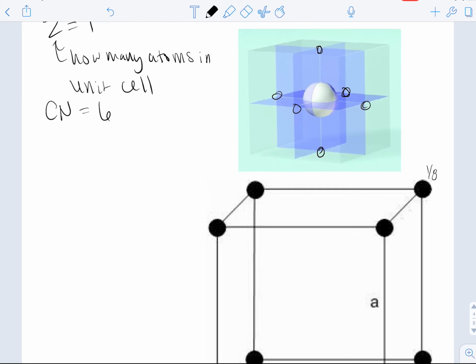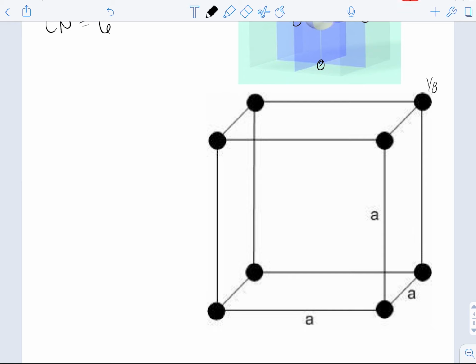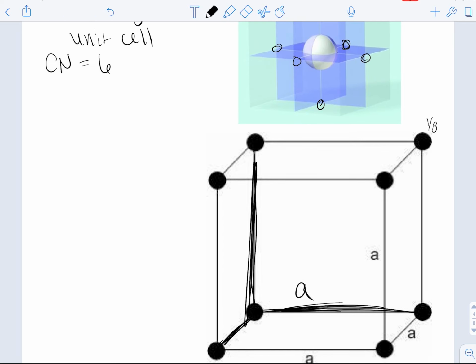Okay, and A, B, and C are all the same because we are a cubic cell. So we just call it A. So A is equal to B is equal to C, and A is our cell length, and it is 2r. So we can relate the radius of our atom with our unit cell length.